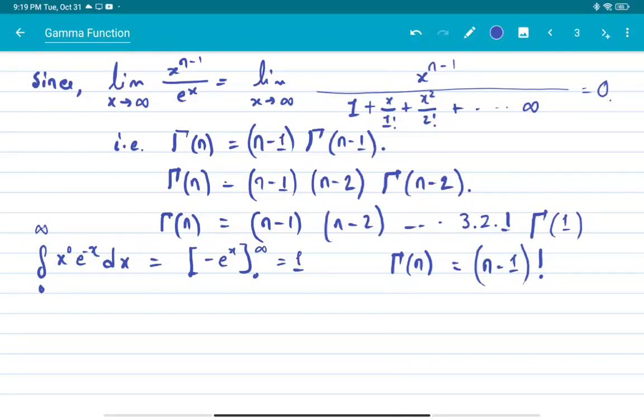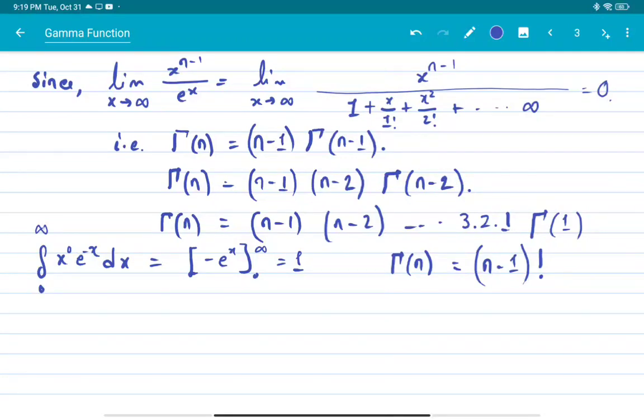This is one of the beautiful things of the gamma function: it generalizes the relationship between the factorial and integrals, and this is the way to derive it.